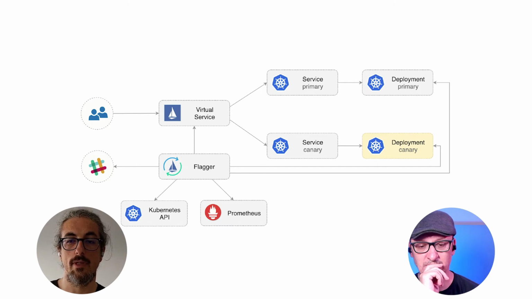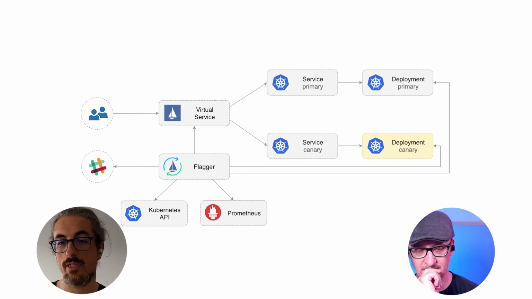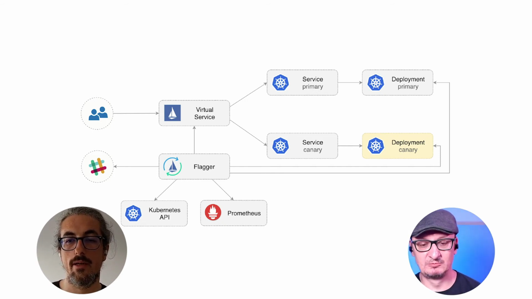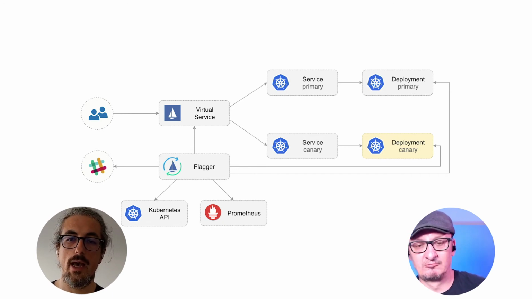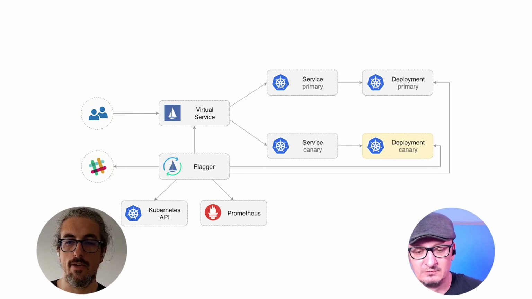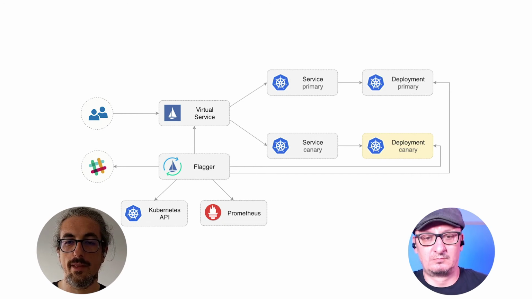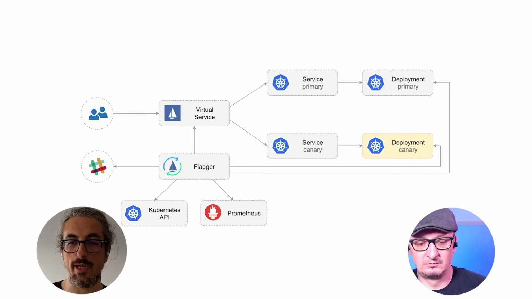So it does this by creating virtual services in Istio, primary and canary services and deployments of your application, and continuously looking at Istio virtual service metrics in Prometheus. And you can even get messages in Slack when these rollouts are happening, because who doesn't need more Slack messages?